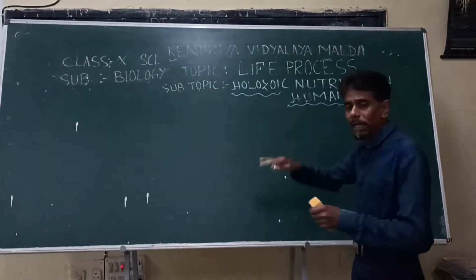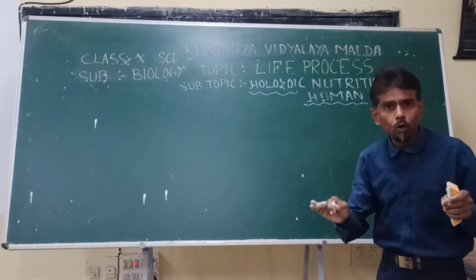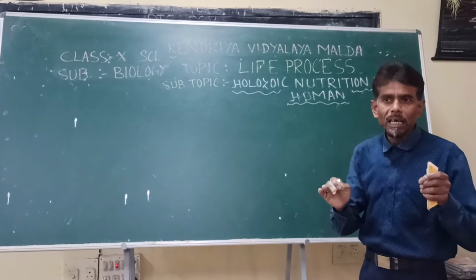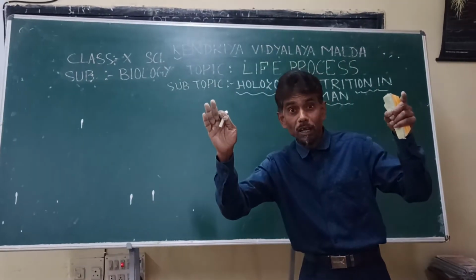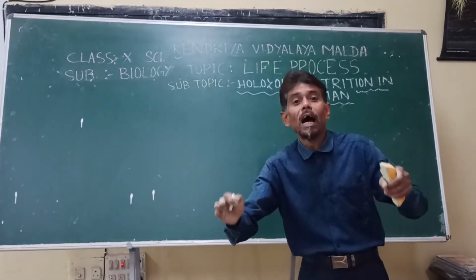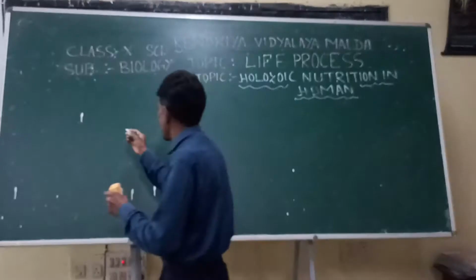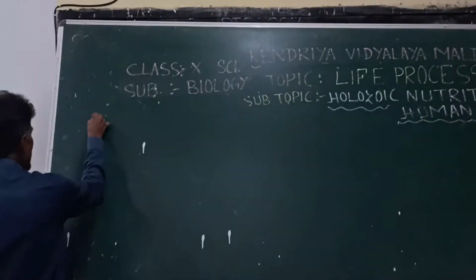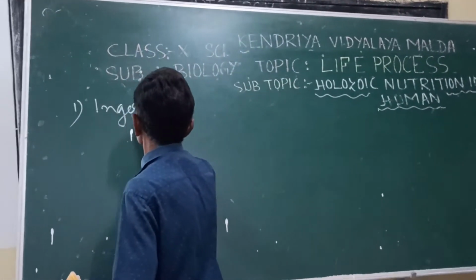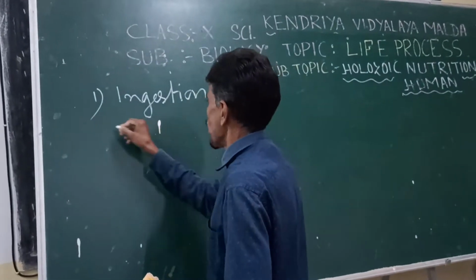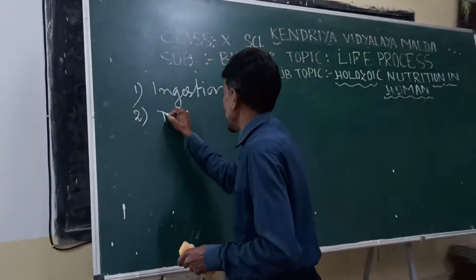Same way here also, in the case of human beings, the holozoic mode of nutrition is completed under how many steps? Can you remember? Last class we discussed 5 steps. What are the 5 steps? Number 1, ingestion. Number 2, digestion.